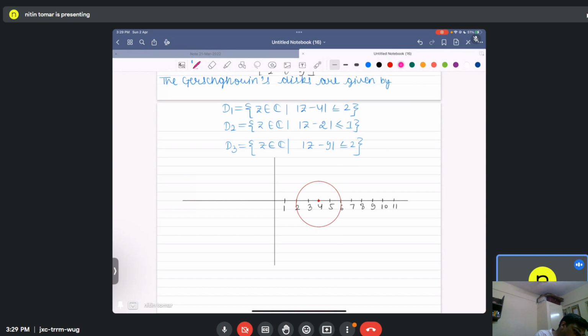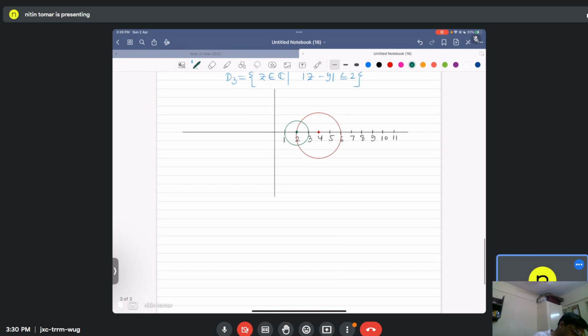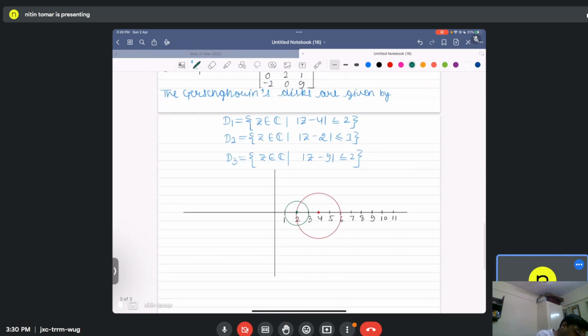Okay, so let us draw that disk, and yes, so this will be this disk. And the last disk will be centered at 9 with radius 2, which means this disk.